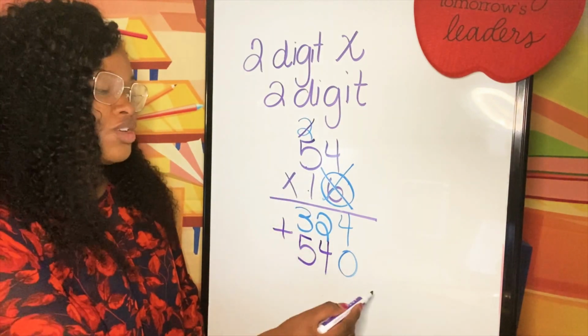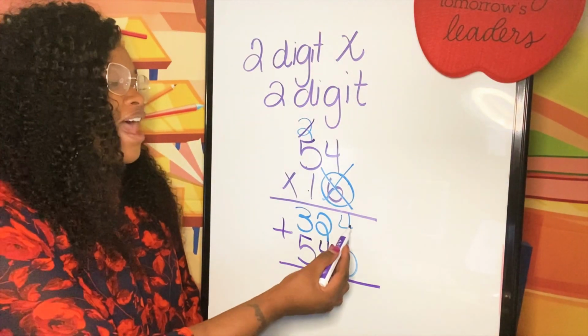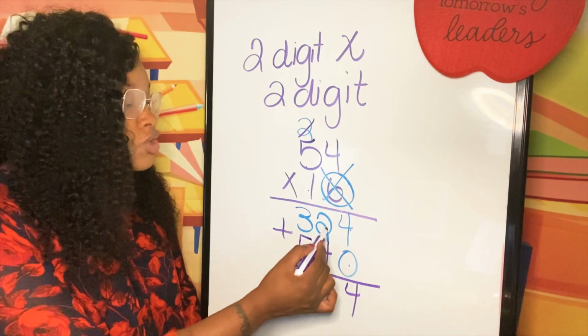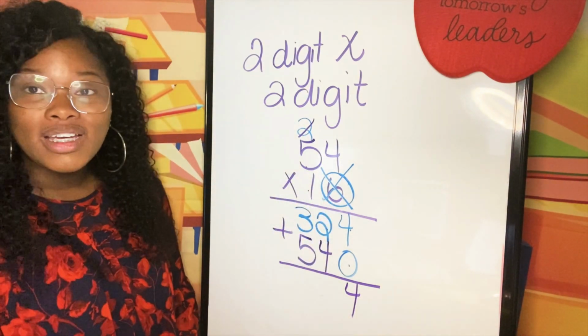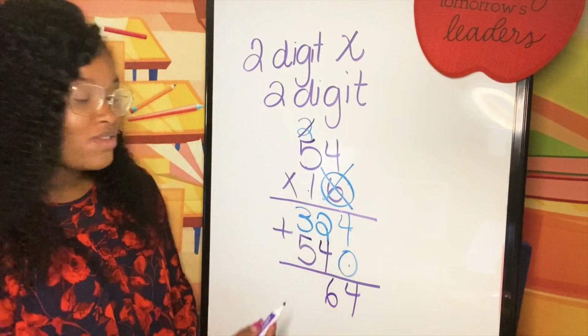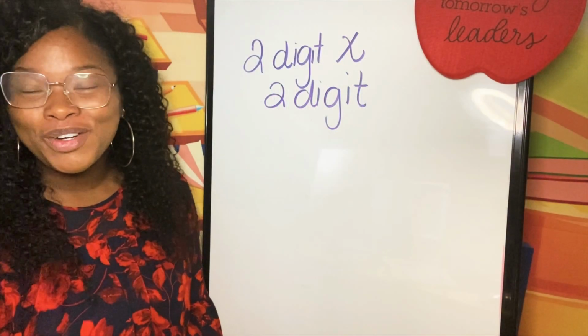Now you're done with all the hard part, and it's time to add. 4 plus 0 gives you 4. 4 plus 2, or 2 plus 4, however you want to look at it, gives you 6. And 3 plus 5 gives you 8. Now that was very easy.